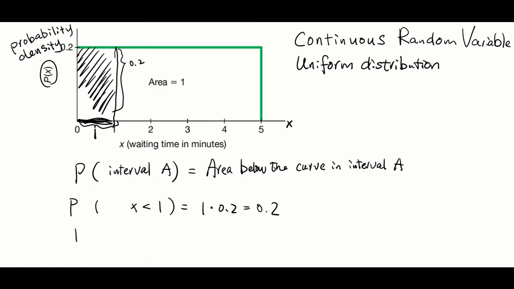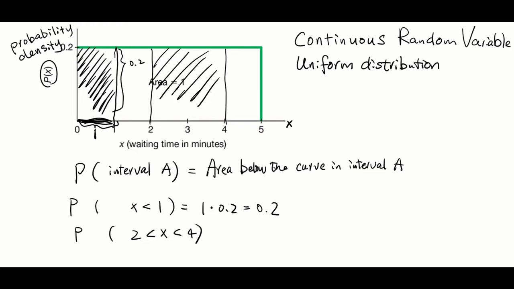Another example: what is the probability that a random passenger's wait time is between 2 and 4 minutes? Similarly, this corresponds to the area underneath the curve between 2 and 4, which is width times length. The width is 2, the length is 0.2, which gives 0.4.